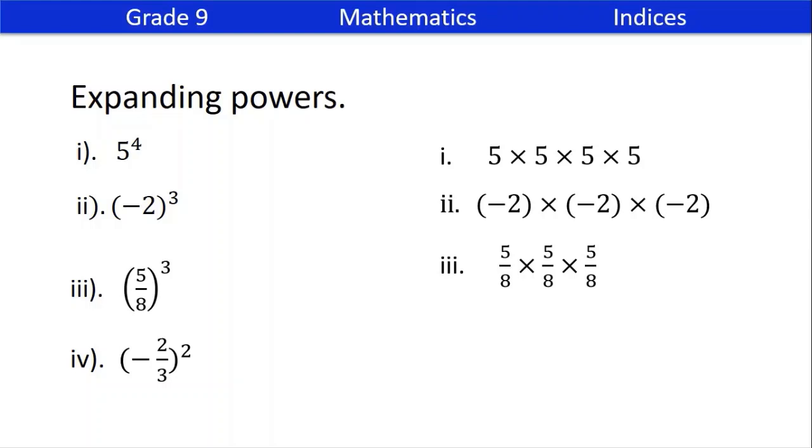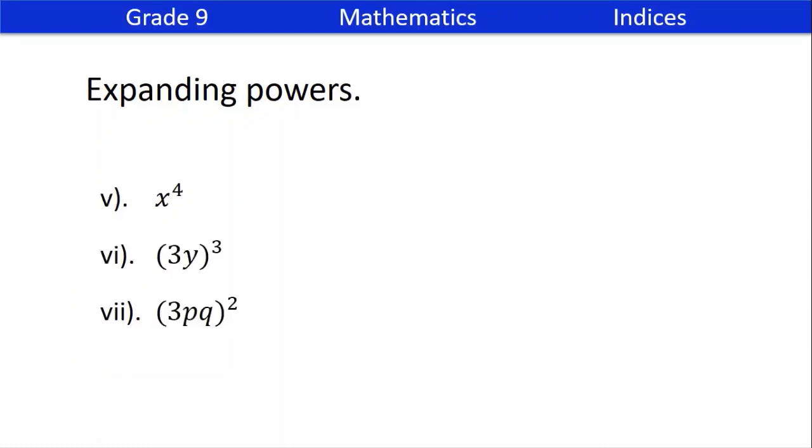And in the fourth one, there is once again a fraction, and that is a negative fraction, minus 2 over 3, and there should be 2 minus 2 over 3's because here the index is 2. In the fifth one, that is x to the power 4, that means the index is 4, so there should be 4 x's.